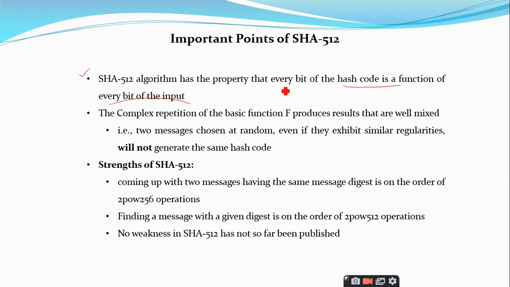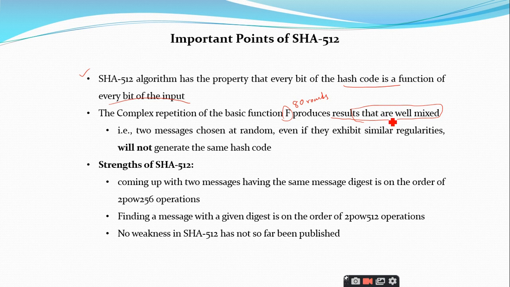And you can see that the complex repetition of the basic function f, 80 rounds, each and every function will have 80 rounds, and you are going to repeat it. They are going to produce results which are well mixed. What do you mean by well mixed results? It means the result you get is not the same as that of other inputs.